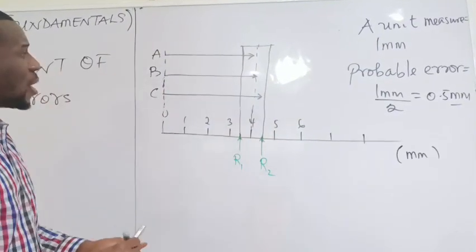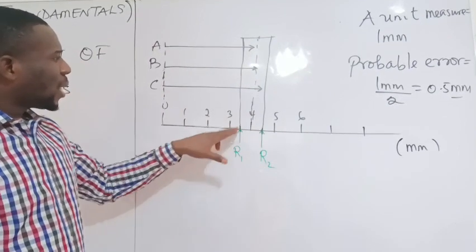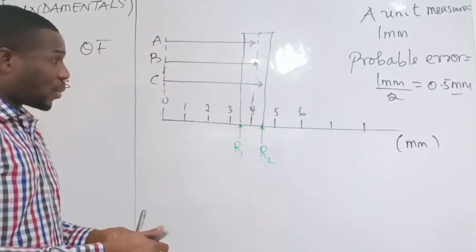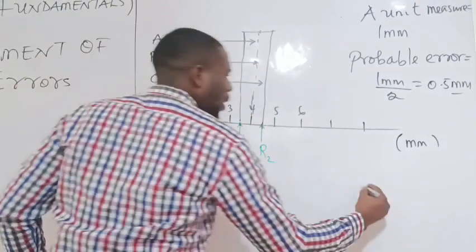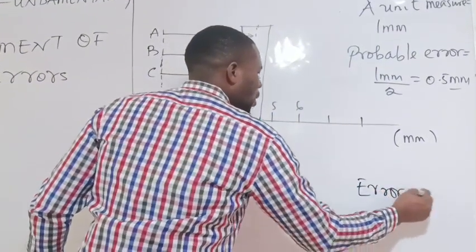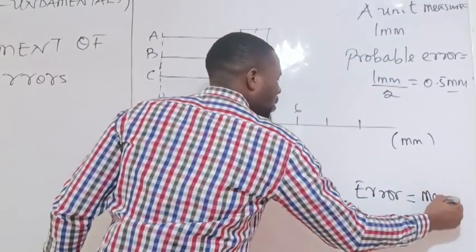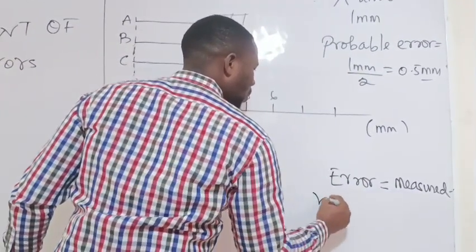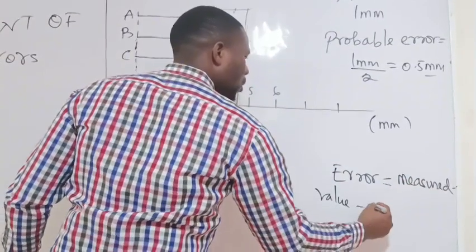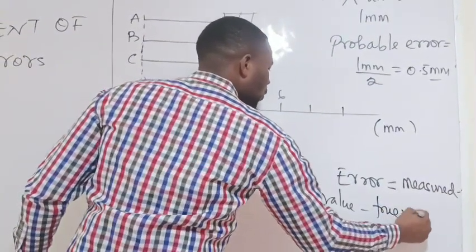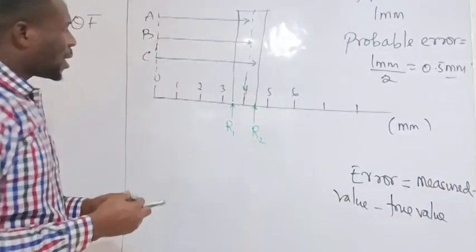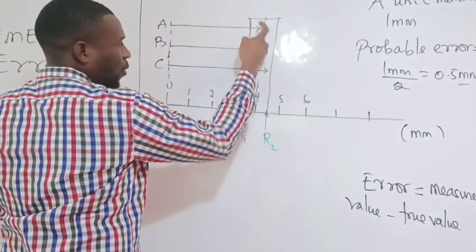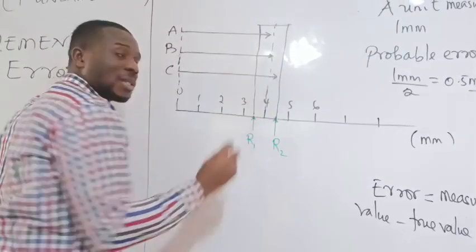So, in other words, when you make measurements that are within the range of this error, what is an error? An error is simply the difference in the measured value minus the true value. And of course, we could see that for real. This is the difference between the measured and the true value. The difference is this, the difference is this.